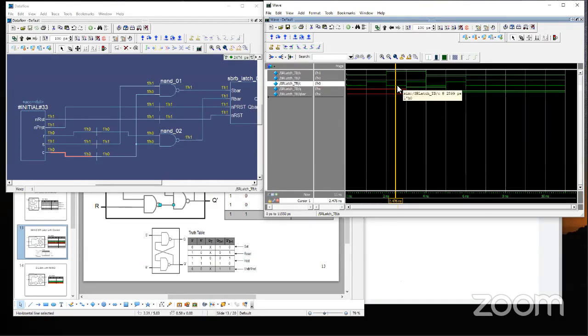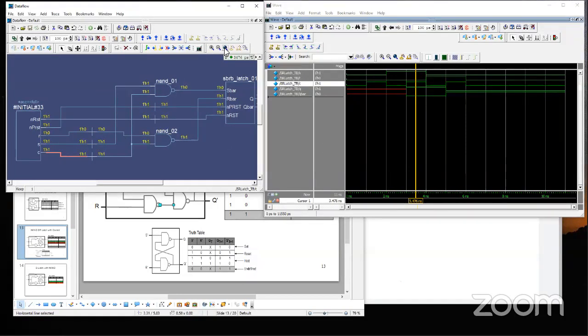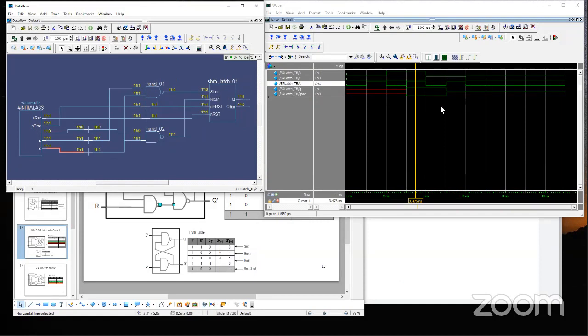Since C is 0, we don't reflect that control over the SBar RBar latch, which is why the output is still unknown. Only if we make C 1 does that control get propagated into the internal SBar RBar latch, making Q 1 and Q bar 0.